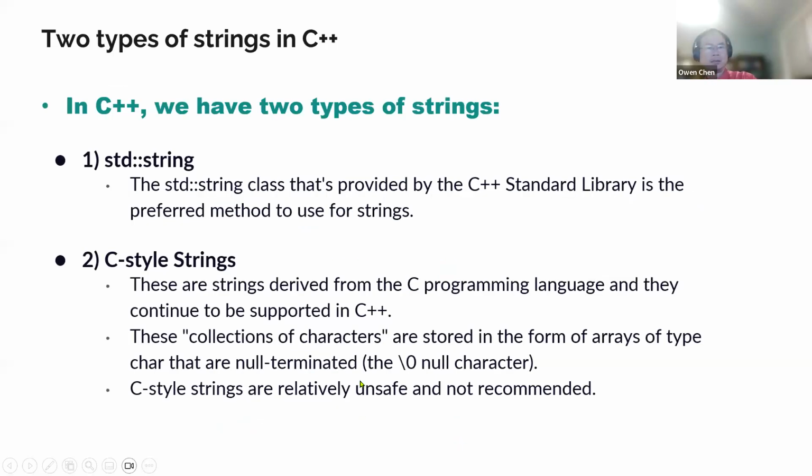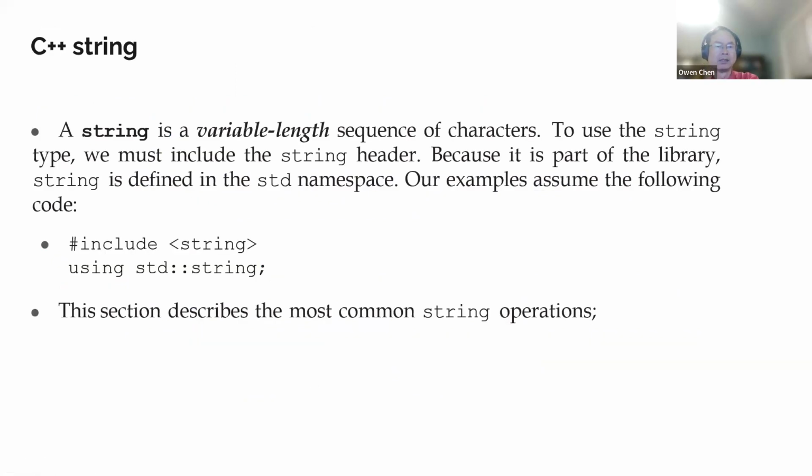Okay, talking about these two types, be aware that if you're reading someone's code, even though it's C++, they may have some C-style string in the code, so you can understand it. But for you to write code, you don't need to use the C-style string.